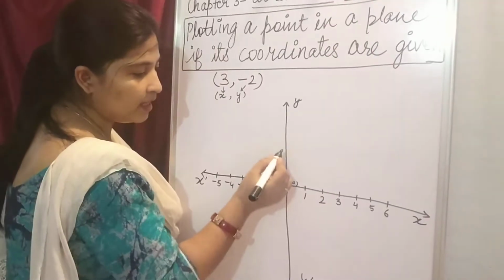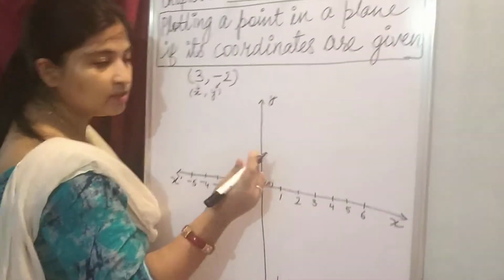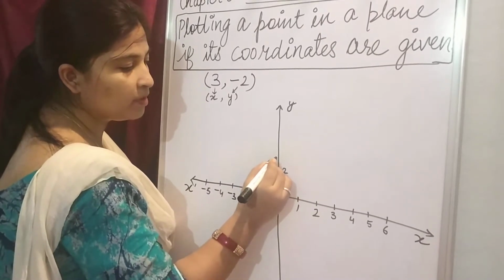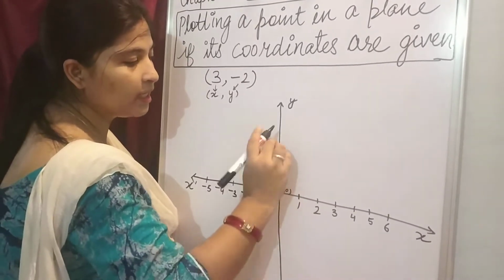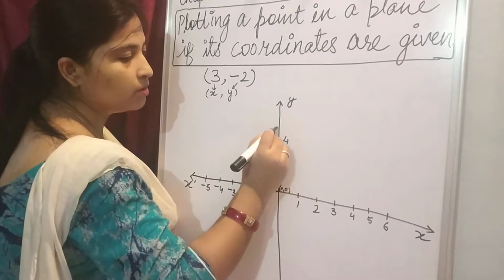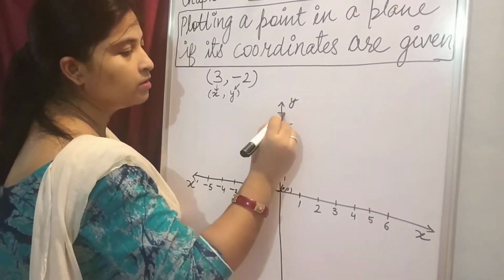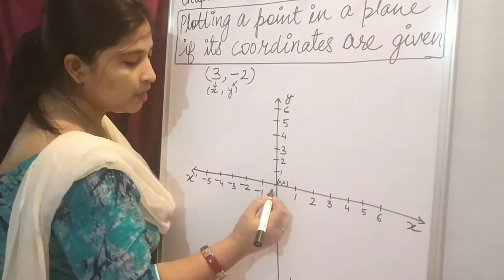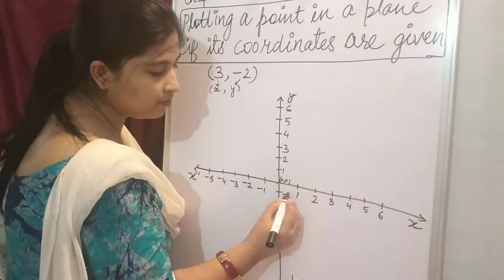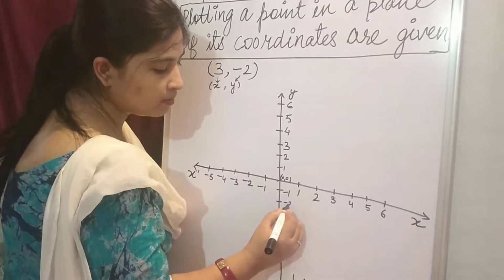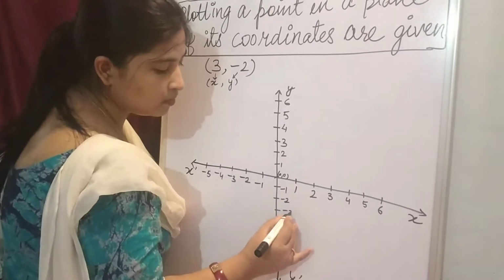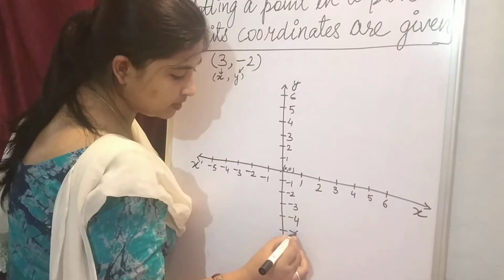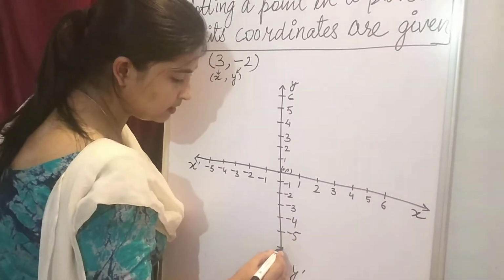The same on the y-axis: upside is always positive. You always have to keep in mind that we are taking equal gaps, 4, 5, 6, and so on. We can increase as per our requirement. Downward on y is negative: -1, -2, -3, -4, -5 and -6.